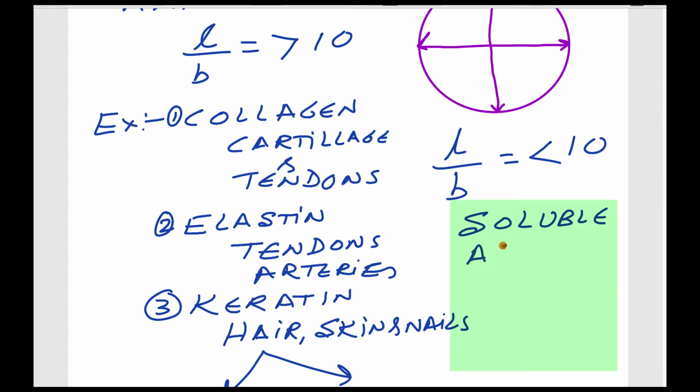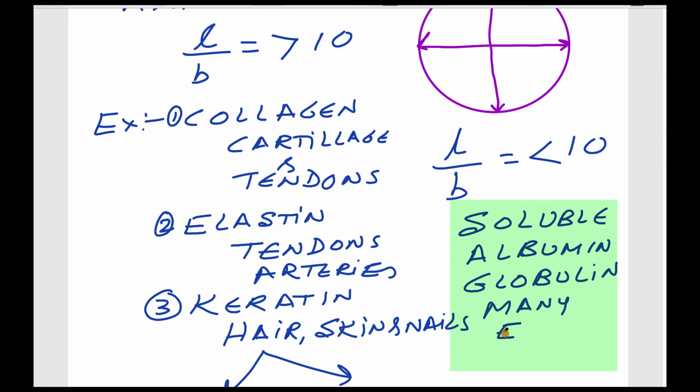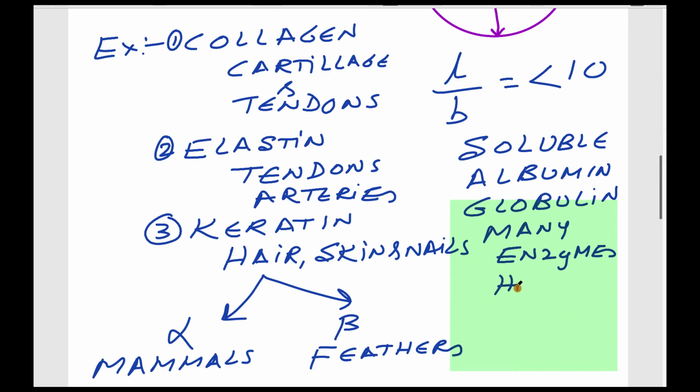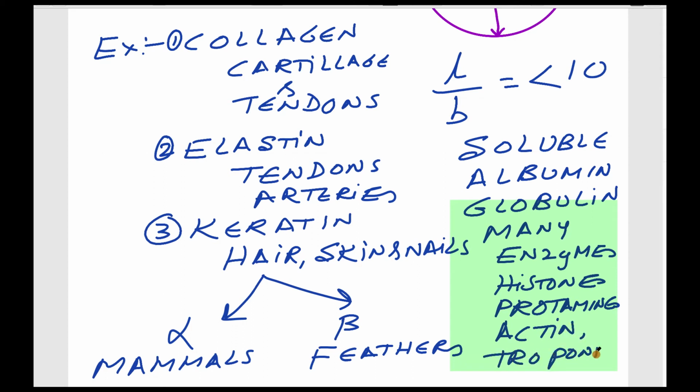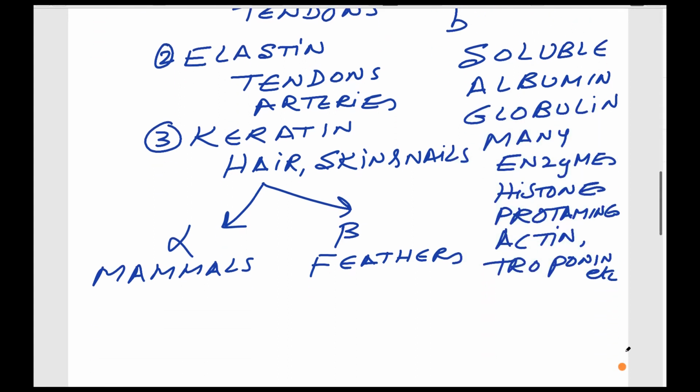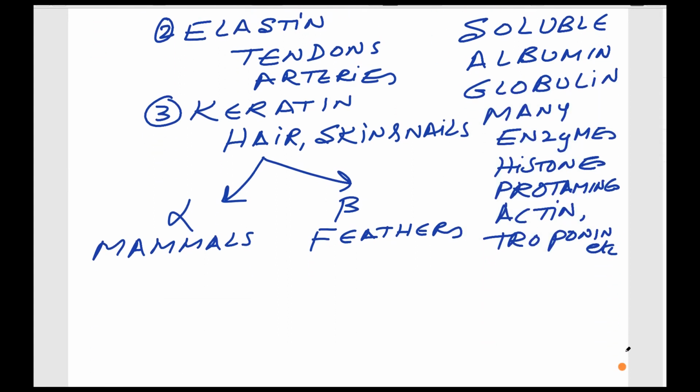Examples are albumin, globulins, many enzymes, histones, which we studied in earlier sessions, protamins, actin and troponin, etc. Compared to the other class, they have low molecular weight.